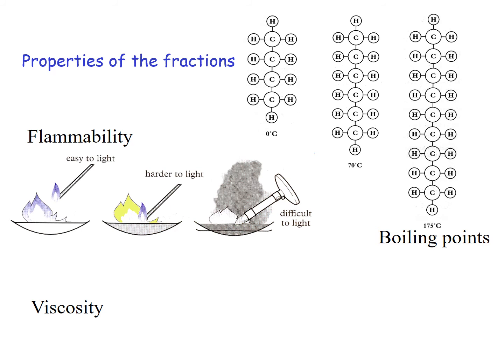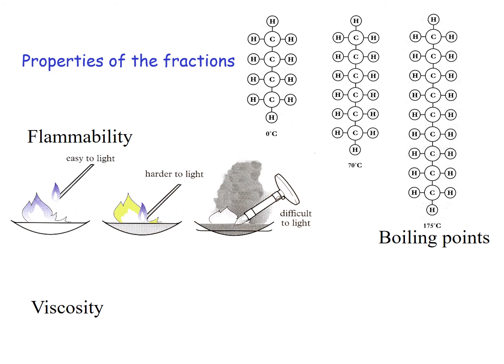Whereas if you go to the bottom of the distillation column, like bitumen, if you try to set fire to the road, it's very, very hard to set it alight. So it has a very low flammability. So we can say that the trend is that the shorter the carbon chain, the higher the flammability, or vice versa, the longer the carbon chain, the lower the flammability.